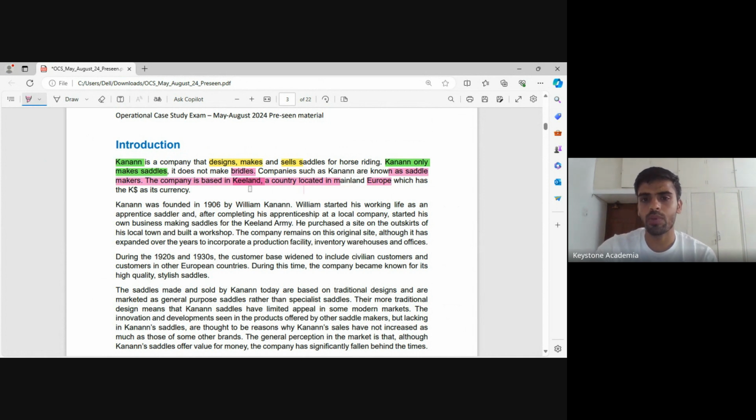So horses have always been a mode of transport, used by the army. Even in today's era, we have police teams using saddles. In the UK, it's very common that police teams use saddles. In other countries also, if they're using horses, they need to have saddles.